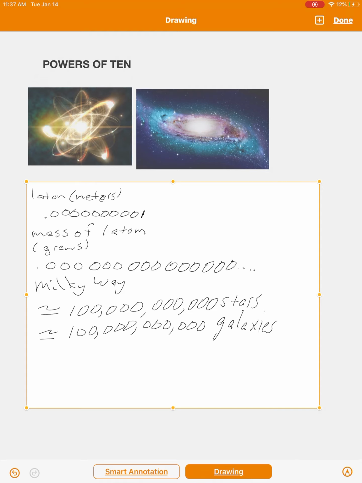The number of galaxies in the universe, another 100 billion. So if you ask, how many stars are in the universe? You would just multiply those two numbers together. 100 billion times another 100 billion. And that would be the total number of stars in the universe.